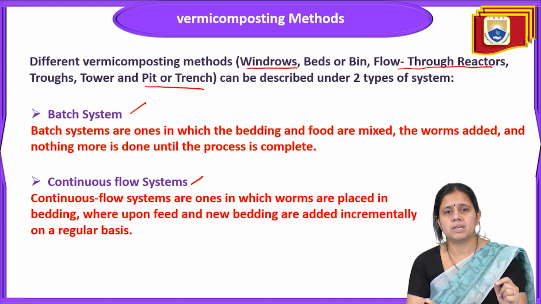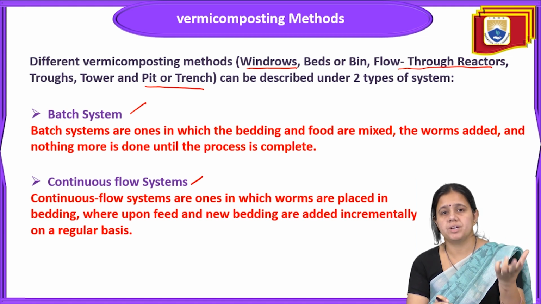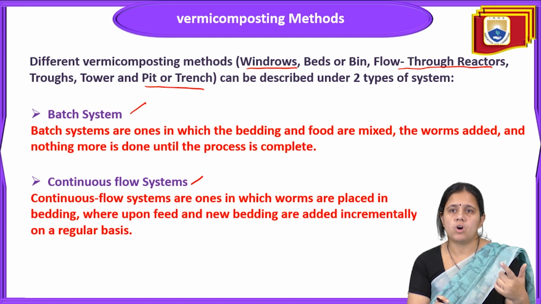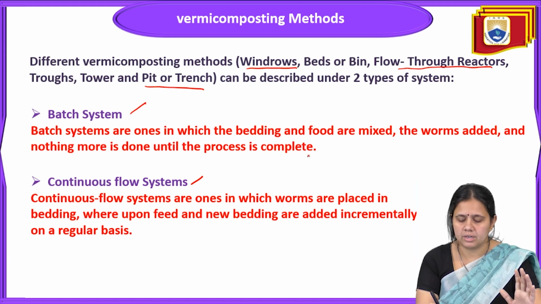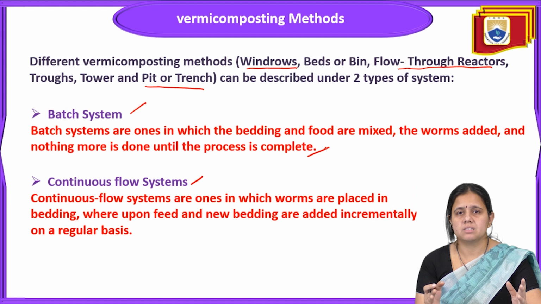So in the batch method, this bio waste will be provided and the worms will be added and the food is mixed, and nothing more is done until the process is complete. So only the bedding is provided, food is mixed, worms are added, and it will be left until the process is complete.